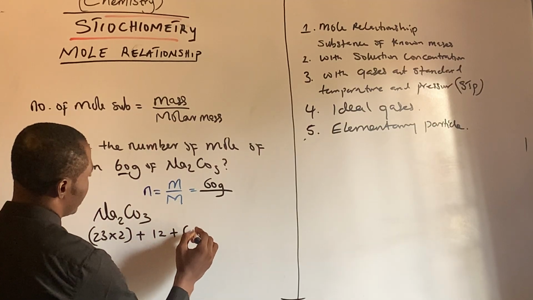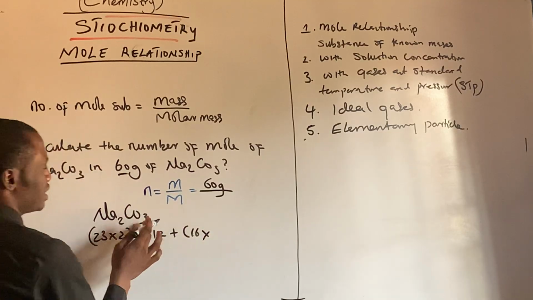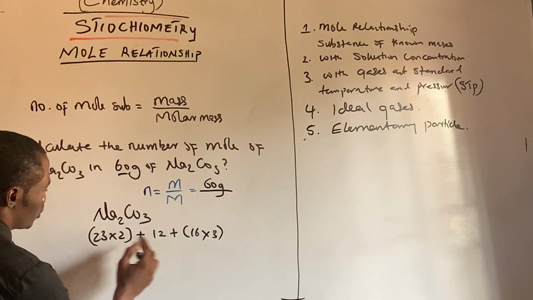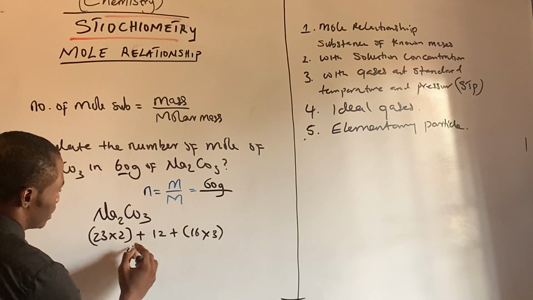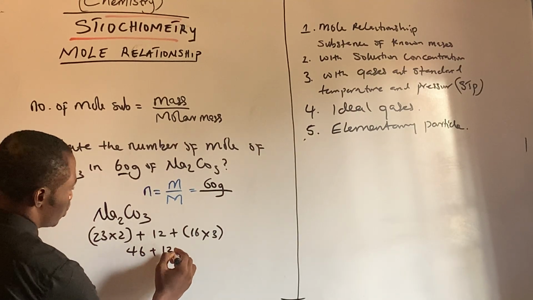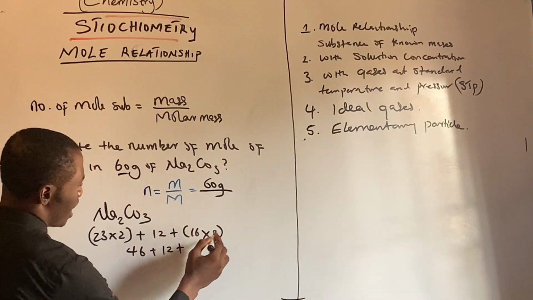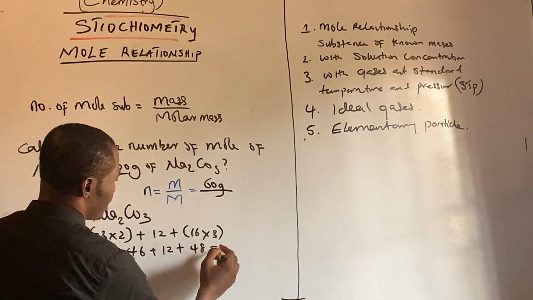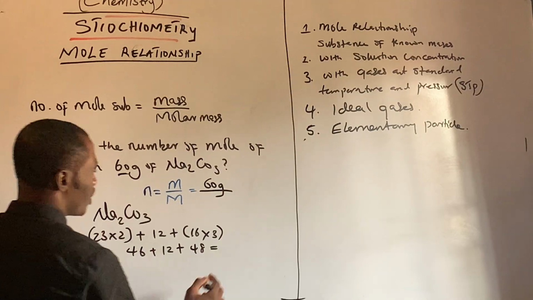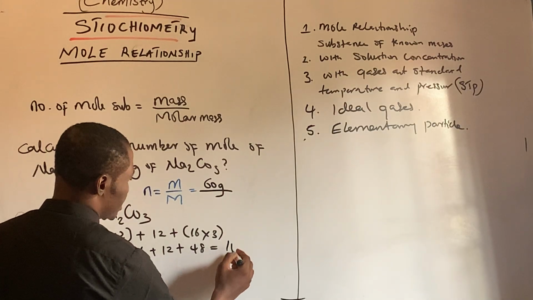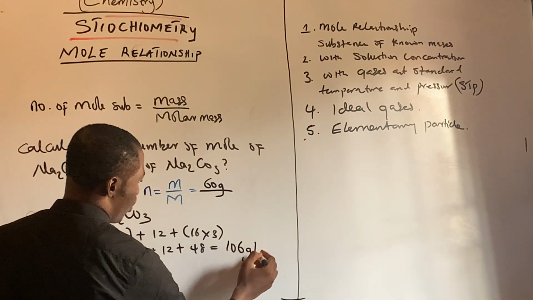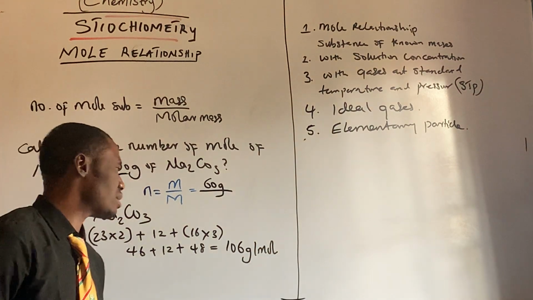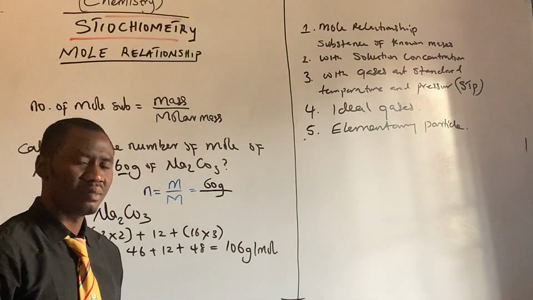And oxygen is 16, times 3, that is 48. I shall have a total of 106 gram per mole. So this is the molar mass.